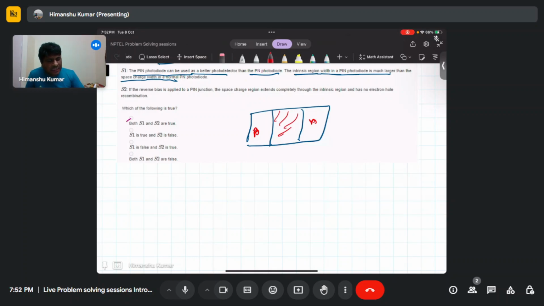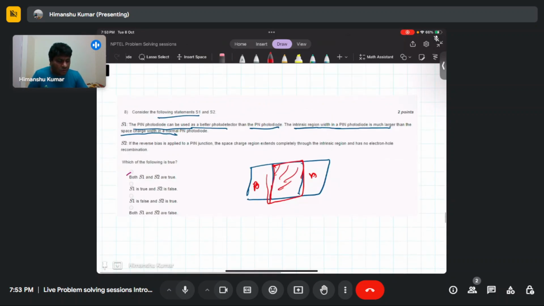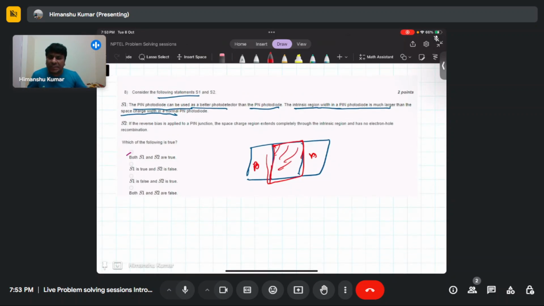So even if this region is already depleted, the whole region can be utilized as an active region in which the field exists. Photons absorbed throughout this region will generate carriers, because there is a field to separate those electron hole pairs, and this region is much larger compared to a normal PN junction diode.